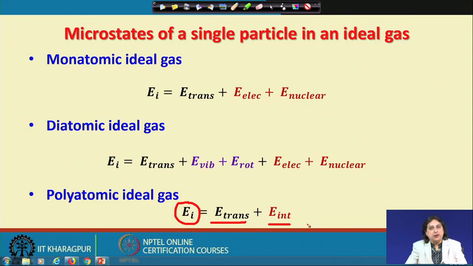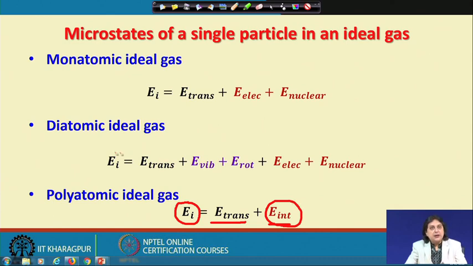Therefore, the treatment of any ideal gas which is comprised of a diatomic or higher number of atoms forming a polyatomic molecule in the gas, the treatment of statistical thermodynamics of the gas requires us to understand if I can separate out the translational motion of the molecule as a whole from the contribution of the internal structure.